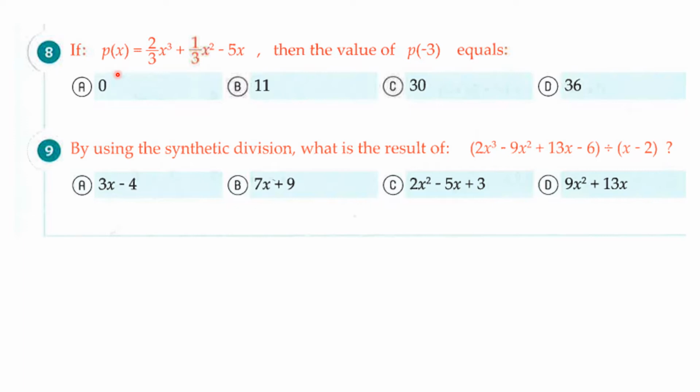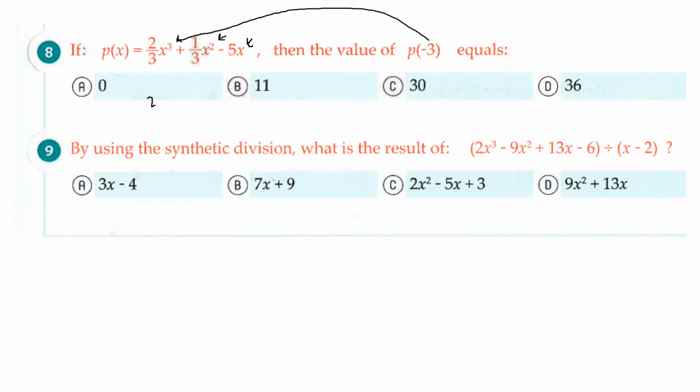So this question is saying if p of x equals this, then the value of p of -3 equals what? Directly just use a -3 over here and a -3 over here and a -3 over here. So 2 over 3 times -3 to the power of 3, that's -27, right?